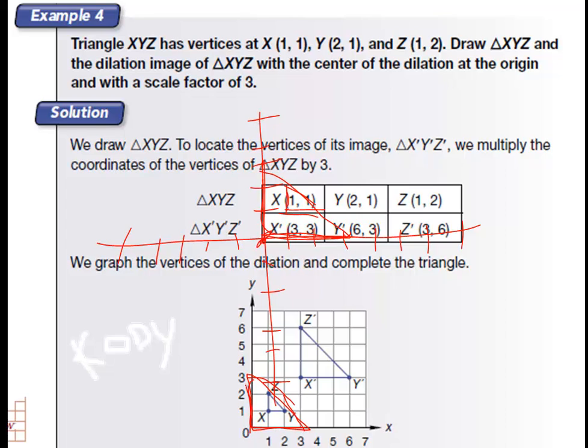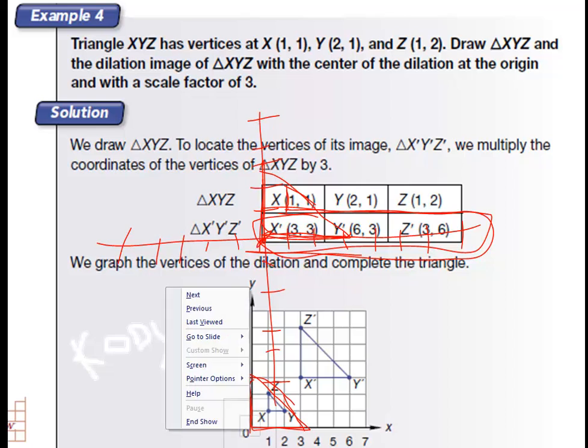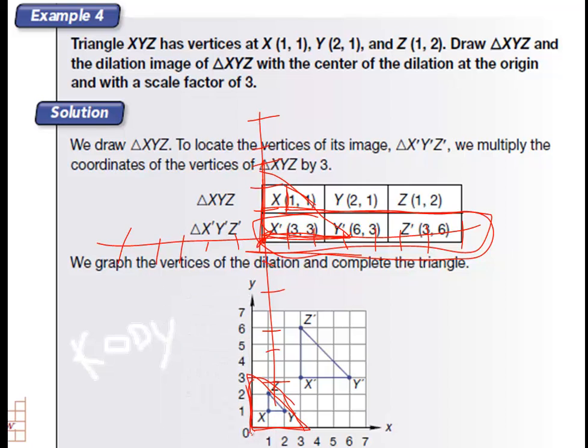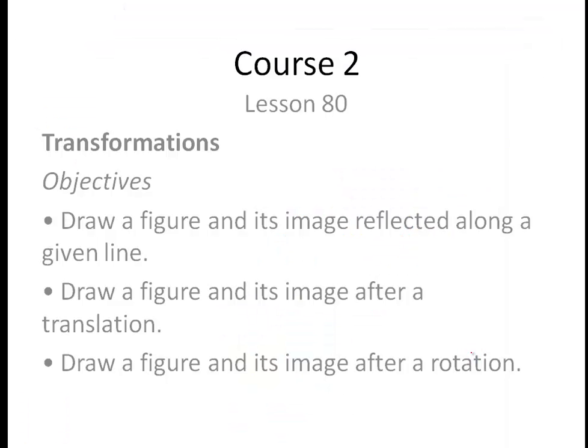What they wanted was to have us multiply by 3 and be right here, which shifted it a little bit. I started the origin here at 0, but they wanted it here at 3, 3. That's why theirs is up here rather than down here. But you notice that the dilation, the size increase, was still 3 and 3, because we took the 1 and made it 3 times bigger.